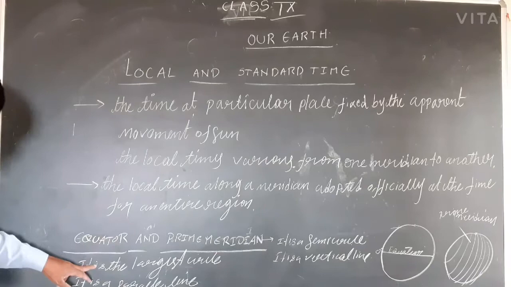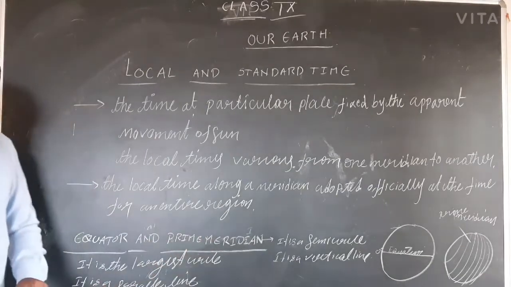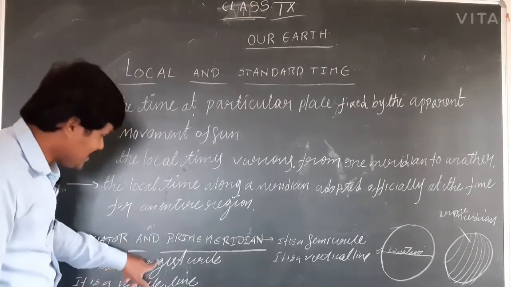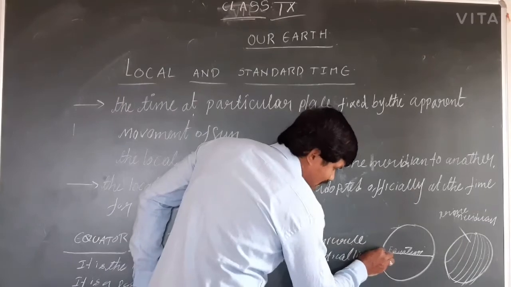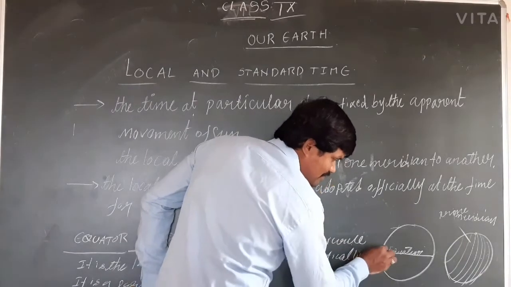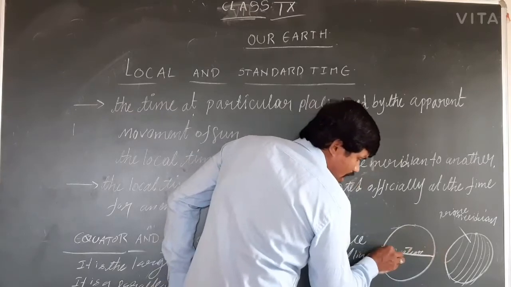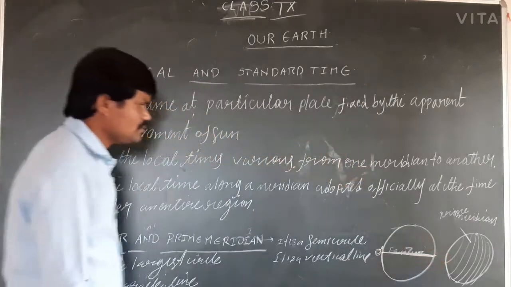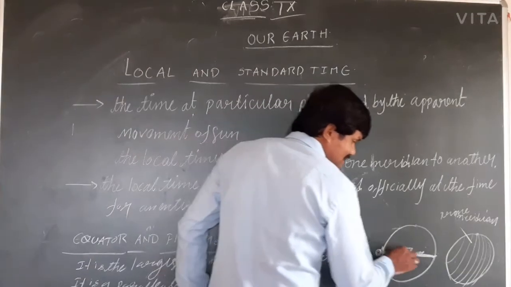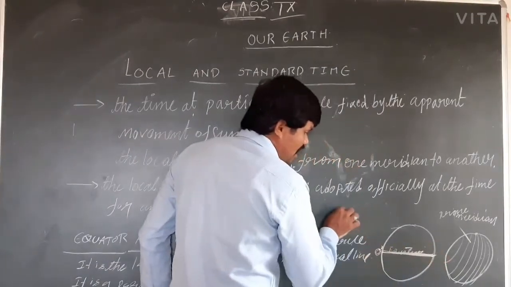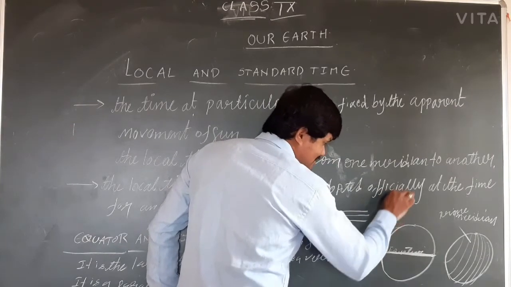The equator is the largest circle. At 0 degrees, this is the longest latitude. It is a parallel line, these are called parallel lines, and these are called vertical lines.